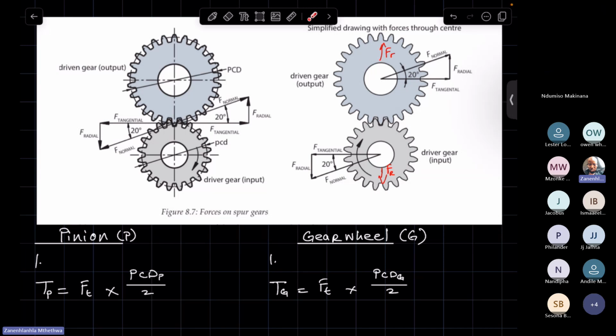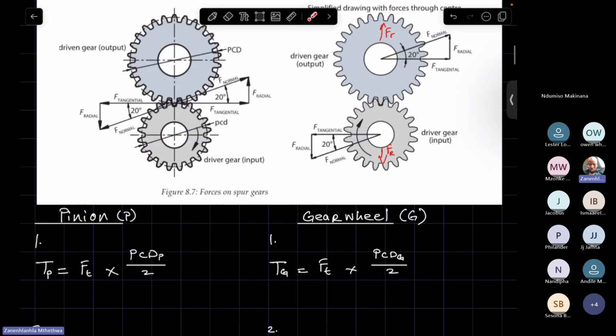Remember, the triangle law states that if you have three forces that are concurrent and coplanar, you are able to represent those three forces acting on an object by the sides of a triangle, which essentially we have done here. The triangle formed is a right angle triangle, hence we are able to use trig ratios in calculating any and all of these forces.